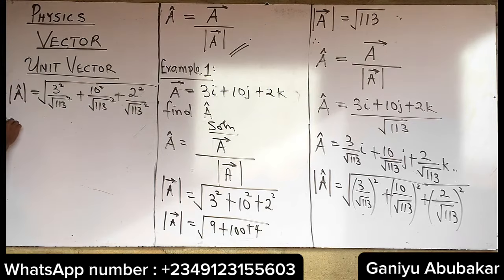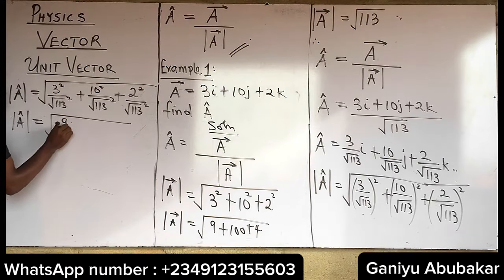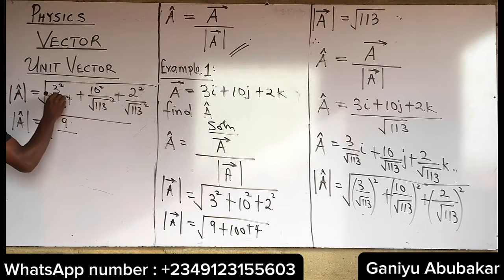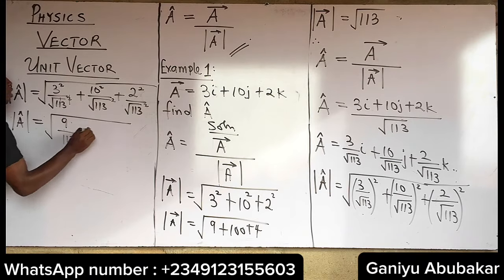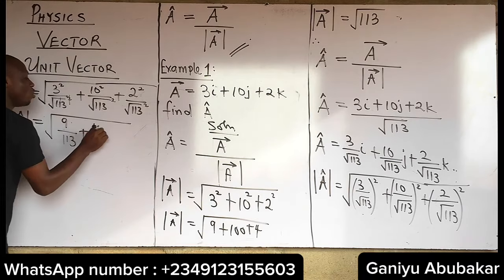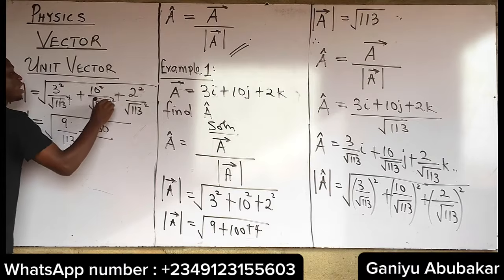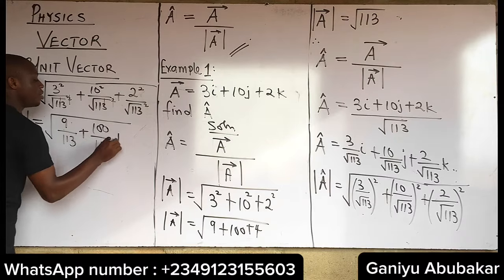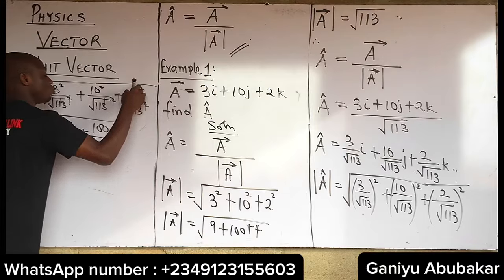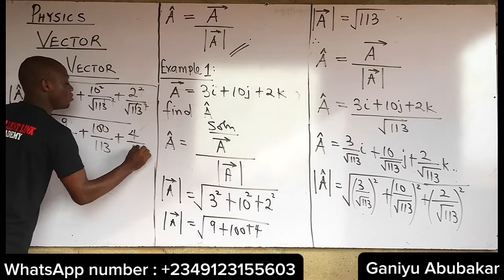So the magnitude of the unit vector A is 3 squared, which gives 9, over the square root of 113 squared, which cancels out to 113, plus 10 squared, 100, over 113, plus 2 squared, that's 4, over 113.